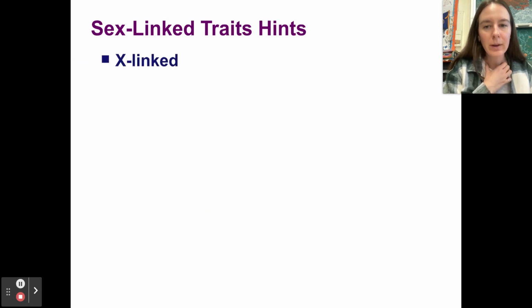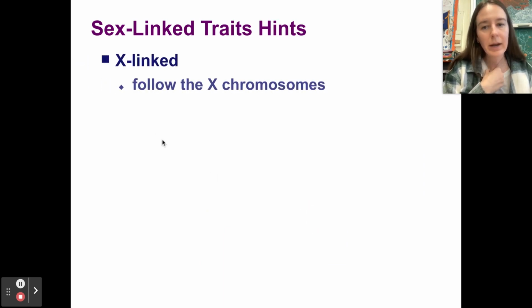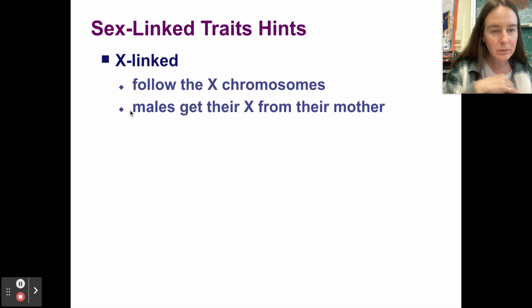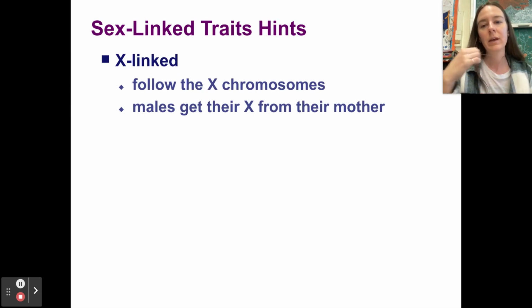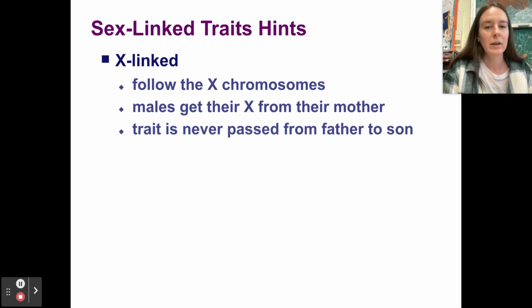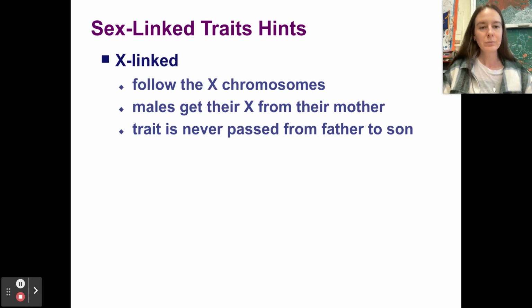So how would you know if something is sex-linked or X-linked? You want to look at the X chromosomes. Males get their X from their mother, so it's possible that they could get the recessive allele from their mother and then the Y from their father. And if they have that recessive allele from their mother, if their mom's a carrier, then it's possible that they could have that disease.